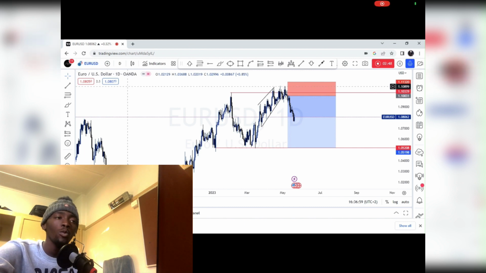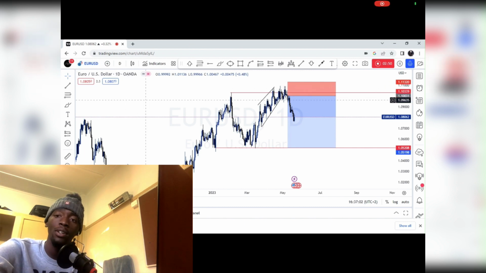So what you do is that, let's say for example, we have news about the US dollar. Let's say for example we have the CPI announcement. So CPI stands for Consumer Price Index, and it's a measurement of prices for a given period of time, which means it measures inflation.